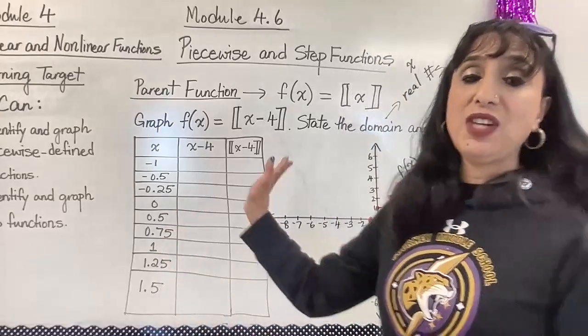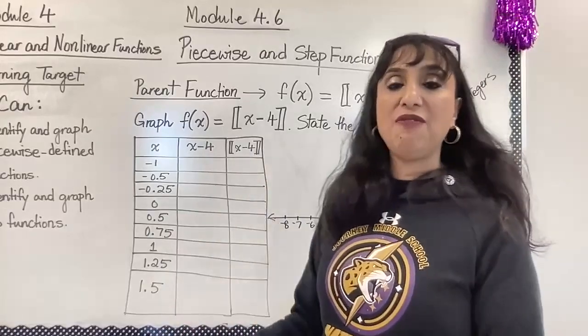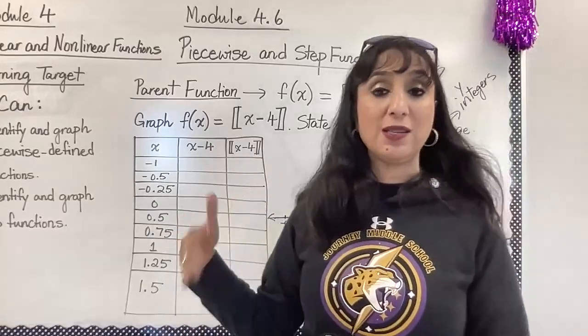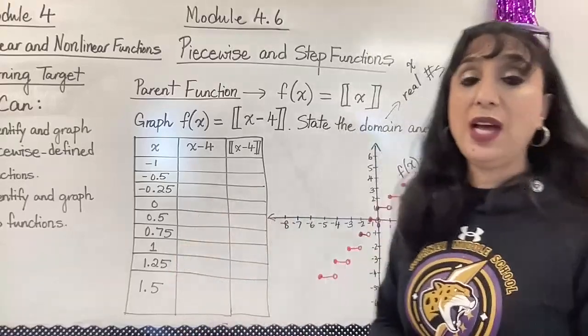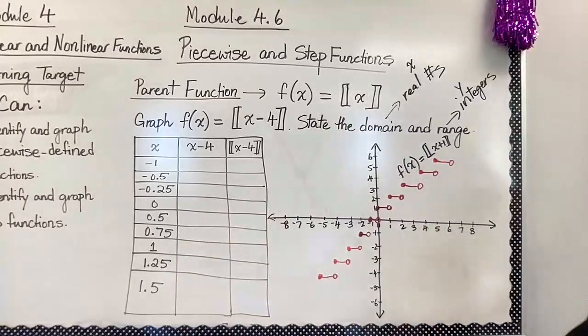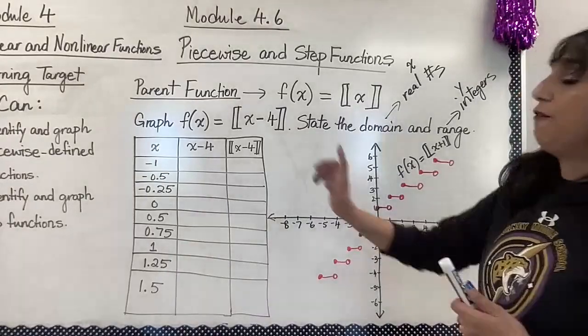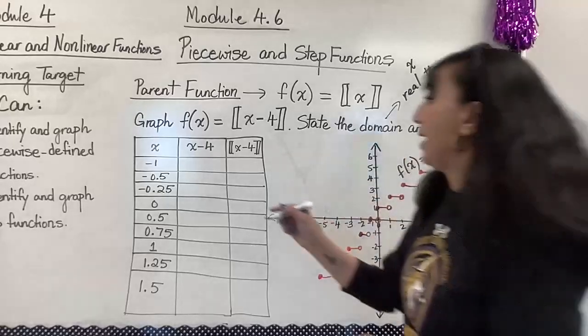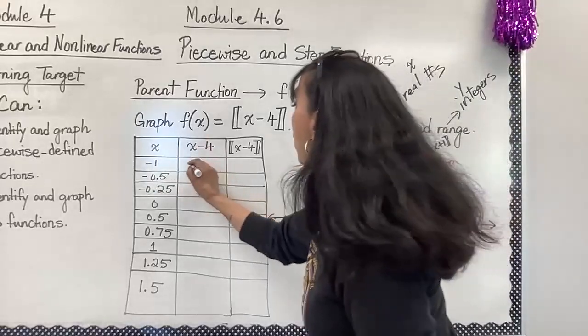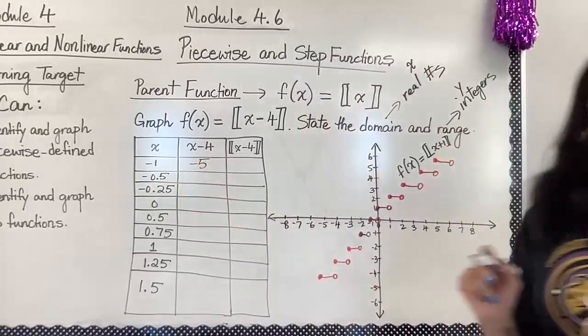Once again, I've taken negative values, I've taken positive values, and I have put those decimals in the middle so that we can see where we are rounding down. If I do x minus 4, I get negative 1 minus 4, which is negative 5.